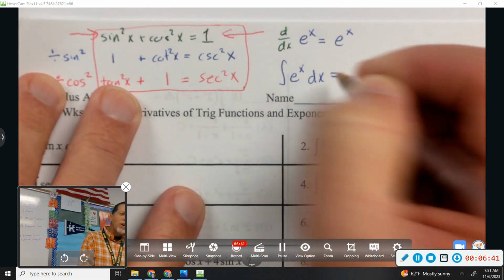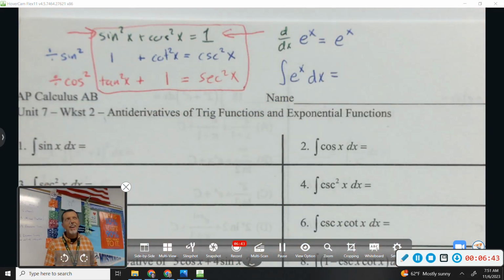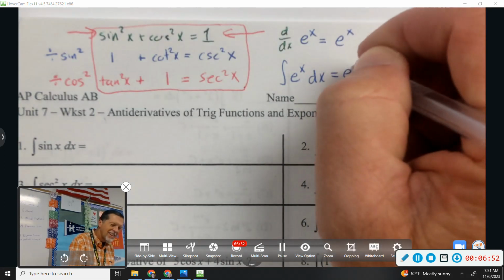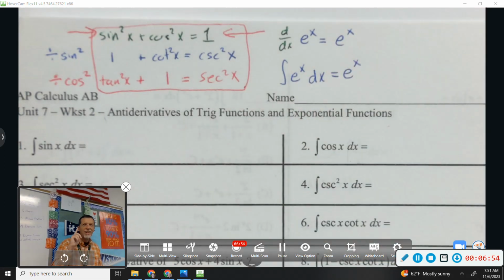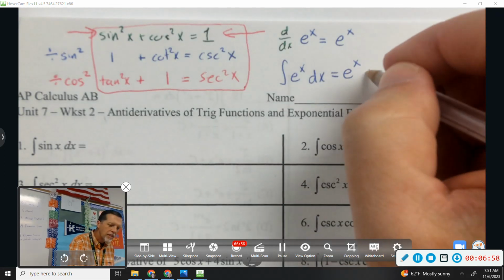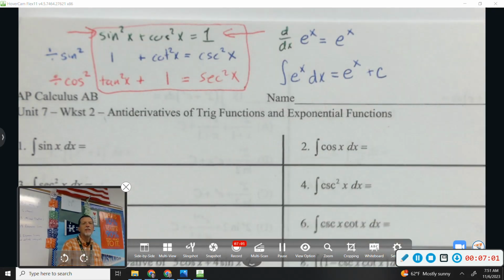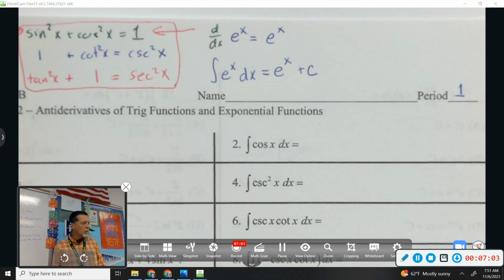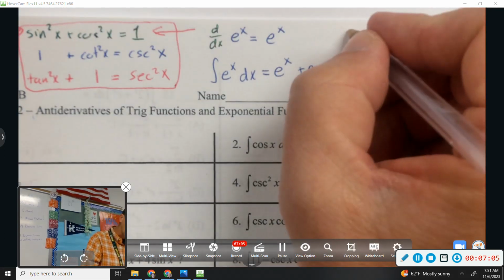Okay, so then what is the antiderivative of e to the x? Also e to the x. Almost. Plus c. All right, one more reminder and then we'll work through some of the worksheet together.